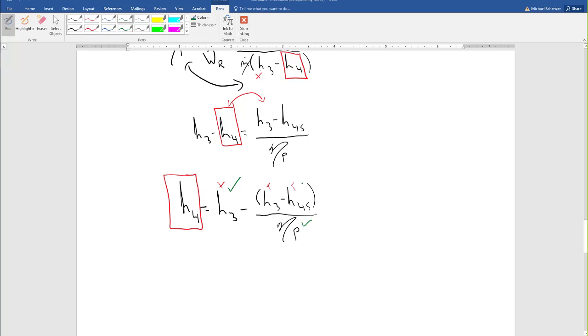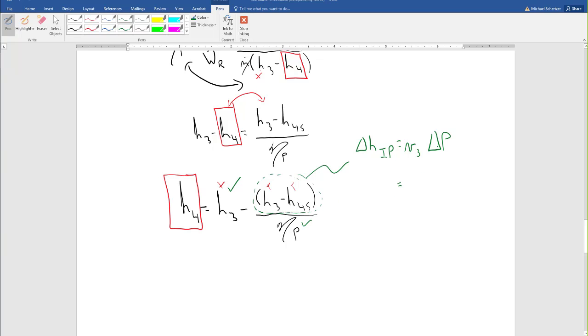But the thing that I do here, I remember this is the thing: when you have an ideal pump, your spidey sense has got to start tingling a little bit. So delta H across an ideal pump is equal to the specific volume, at either state but in this case state 3, times delta P. And in this case, my delta H is H3 minus H4S.